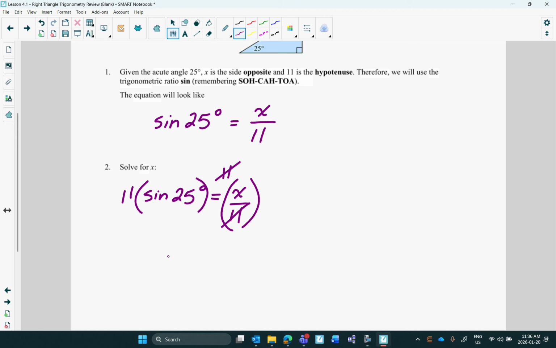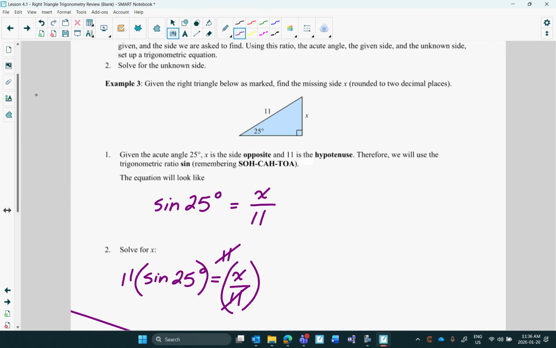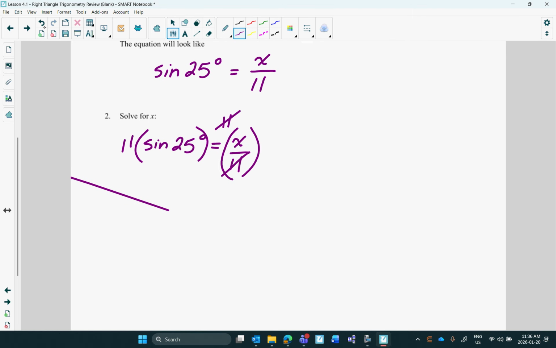This is where you pull out your calculator, and you want to make sure it's in degrees, otherwise it will give you a strange answer. If I ask for 2 decimal places, what would we get? 4.65.